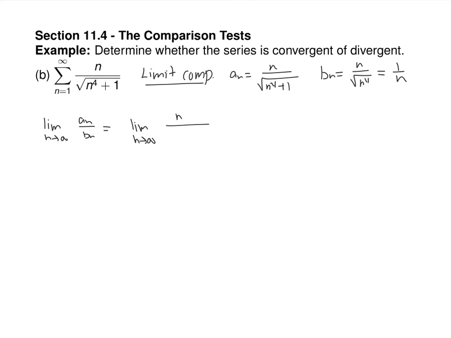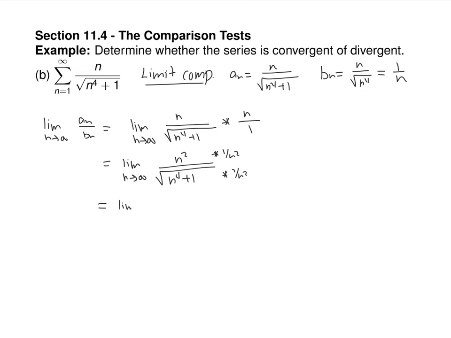So that's n over the square root of n to the 4th plus 1 times n over 1. This is the limit as n goes to infinity of n squared over the root of n to the 4th plus 1. And now we multiply by 1 over n squared, 1 over n squared.